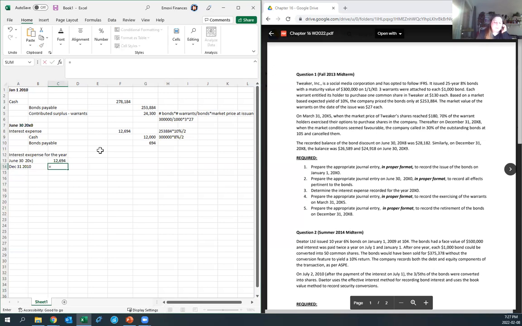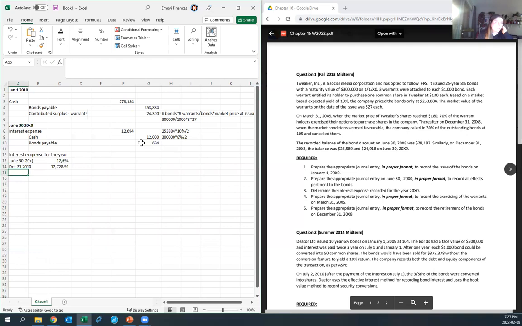So to find the book value on June 30th, we're going to do our book value on January 1st plus the increase in book value from June 30th, which is 694, times 10% divided by 2. So our interest expense is $25,423. This is not really chapter 16, this is chapter 14, but hard to find a problem that's only chapter 16.